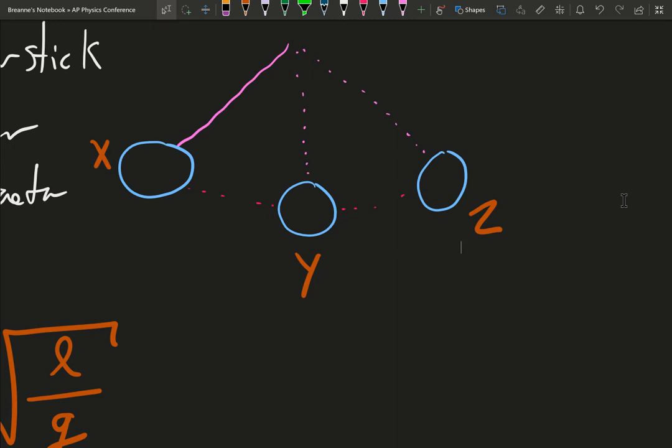Points x and z are the sphere's maximum displacement from its equilibrium position. Y is at the sphere's equilibrium position. As the sphere swings along its arc, a student cuts the string at point z. Predict the motion of the sphere after the string is cut in terms of the sphere's displacement, initial speed, and acceleration.